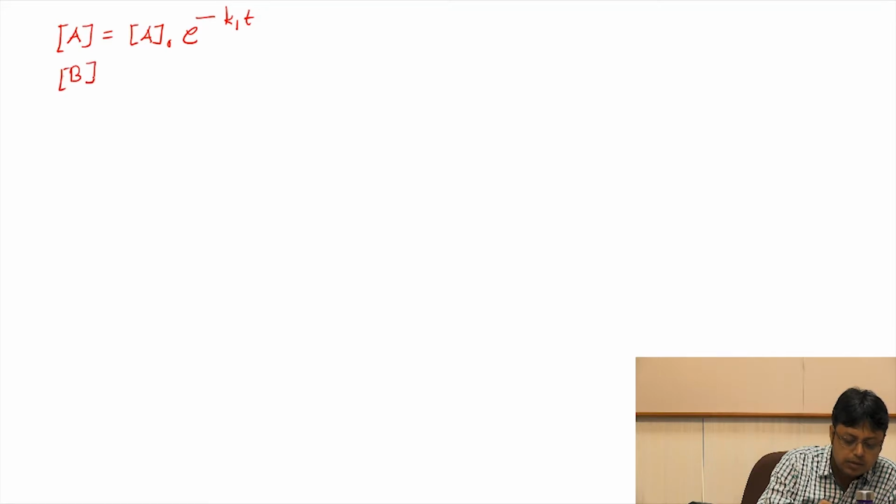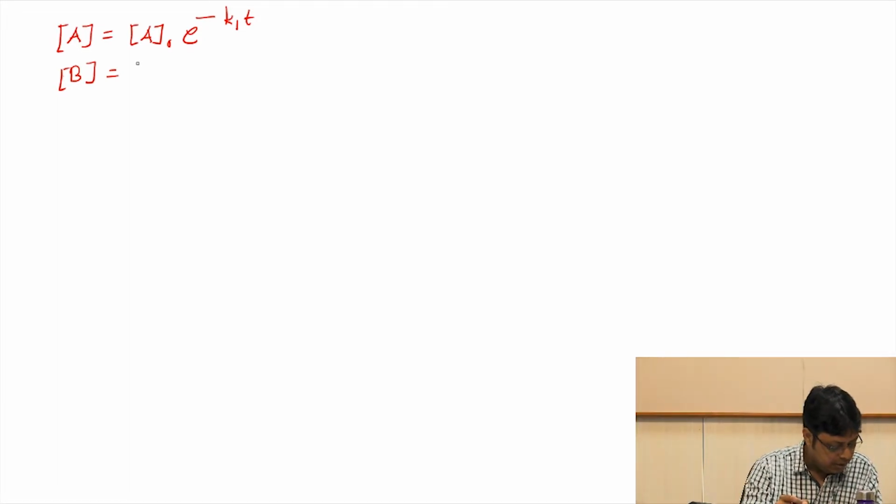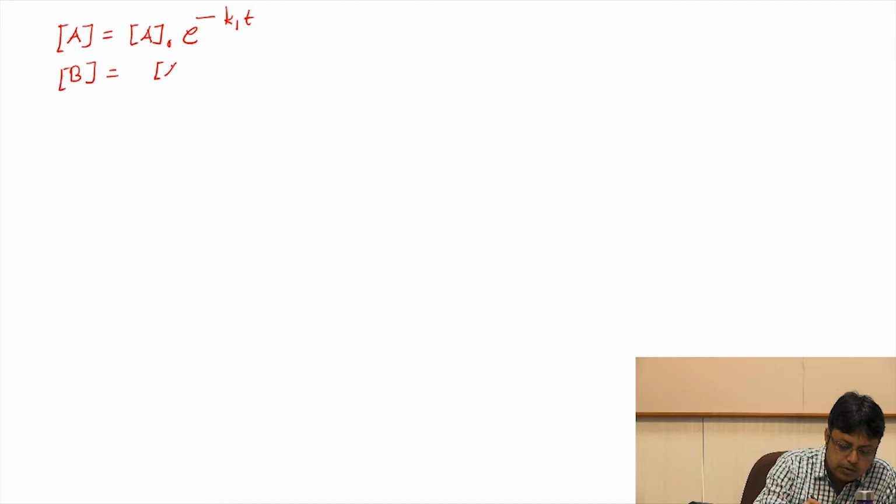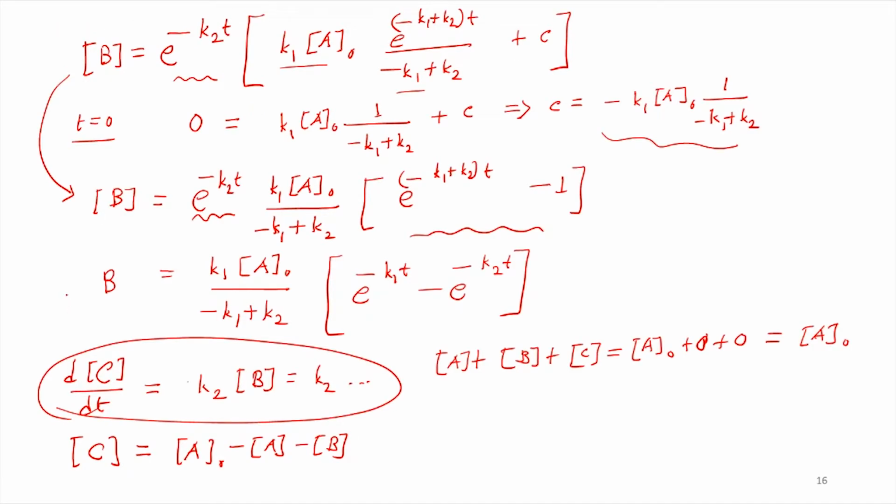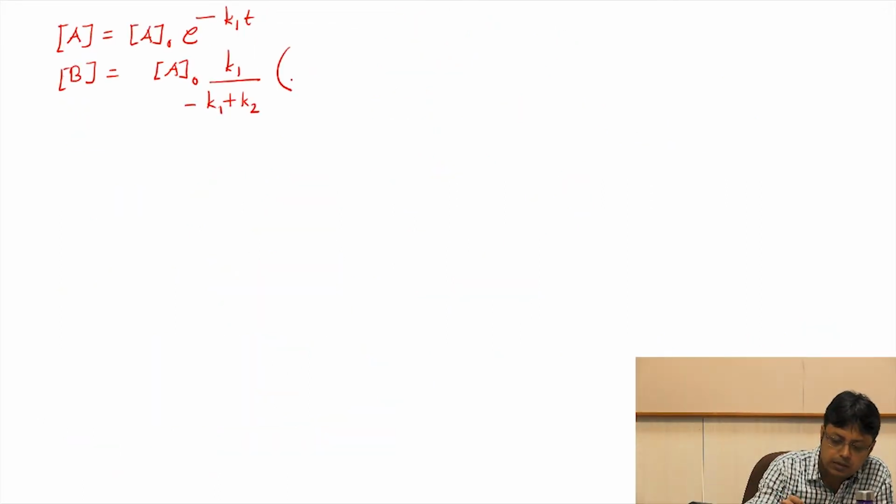Equation for B, we just solved it, it's a big one, so we had it in terms of A0, so it was A0 into k1 by minus k1 plus k2, if you remember this equation, into e to the power minus k1t minus e to the power minus k2t.